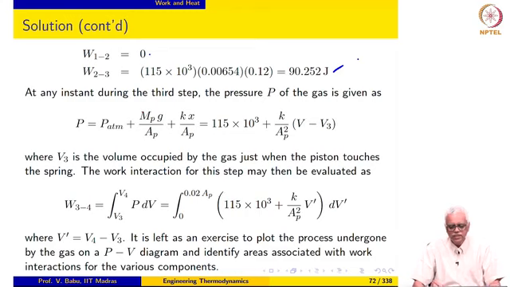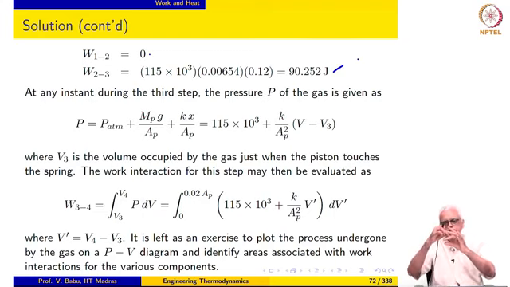Now, during the third step, at any instant, a force balance on the piston will give the following. If you look at the piston, there is the pressure of the gas from below, which is exerting a force in the upward direction, and then mass of the piston is exerting a force in the downward direction, spring is exerting a force in the downward direction, pressure of the atmosphere is also exerting a force in the downward direction.